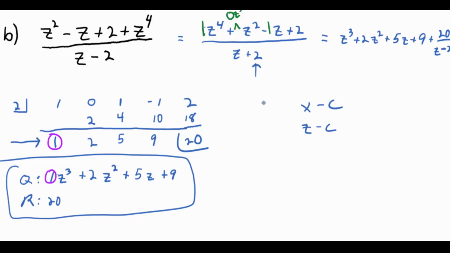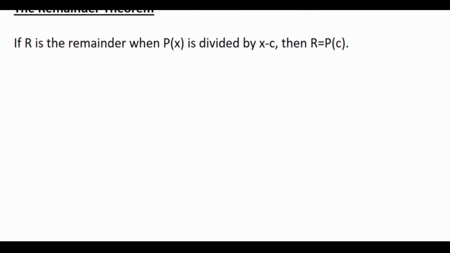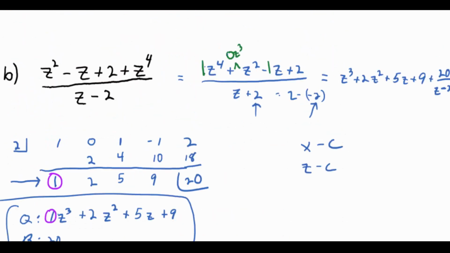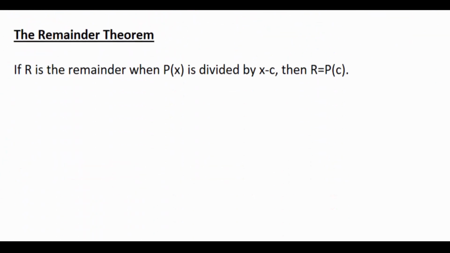You'd have to call c negative 2, right? Because z plus 2 is the same as z minus a negative 2. So you just take the opposite of what you see. And you've done that before when finding the vertex of a parabola and other situations. The center of a circle, right? Okay. So don't worry. We're going to do more of this synthetic division in just a minute.